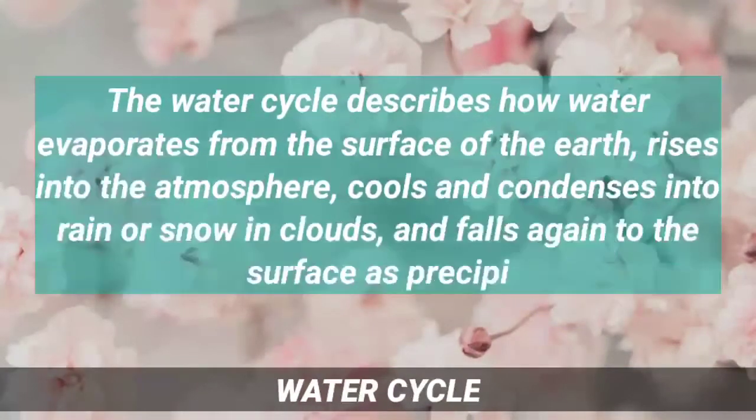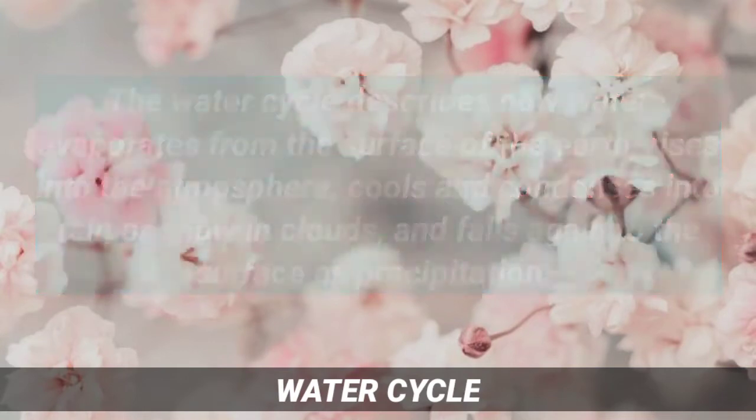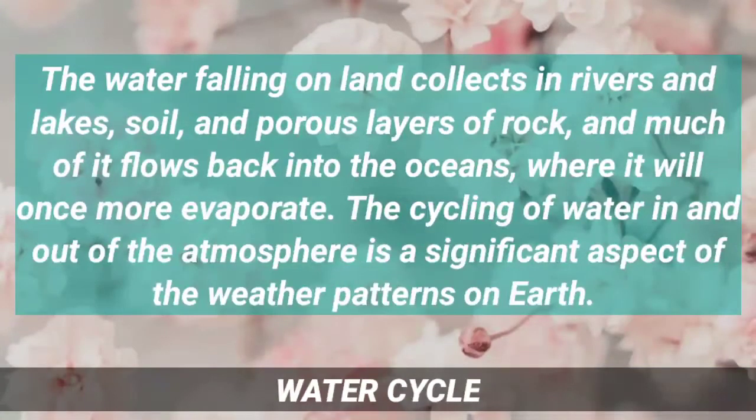The water cycle describes how water evaporates from the surface of the Earth, rises into the atmosphere, cools and condenses into rain or snow in clouds, and falls again to the surface as precipitation. The water falling on land collects in rivers and lakes, soil, and porous layers of rock, and much of it flows back into the ocean, where it will once more evaporate.